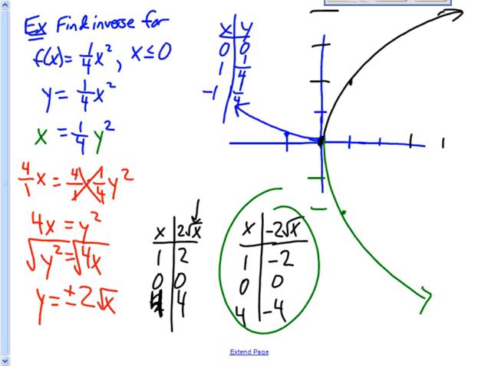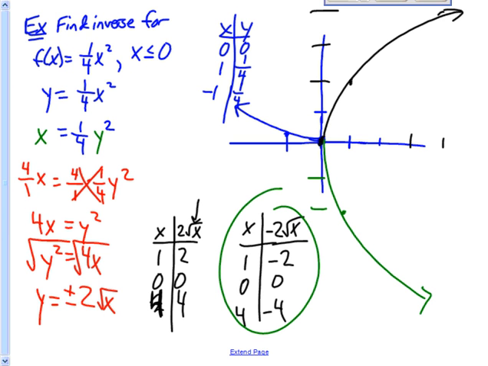So which one of these is flip-flopping my points? Well, originally we had 1 comma 1/4, so it would spit out the other way around, 1/4 comma 1. So why don't we check this point right here.